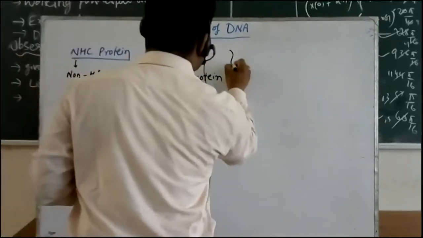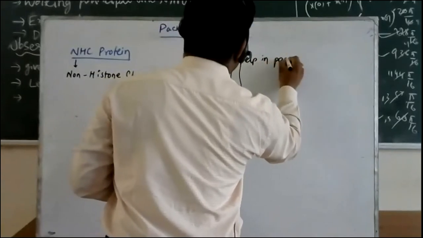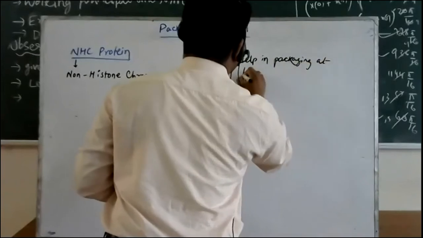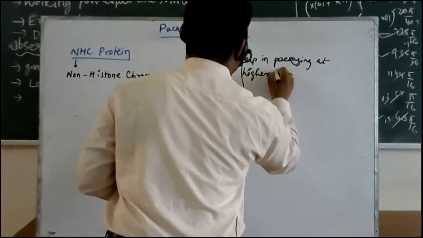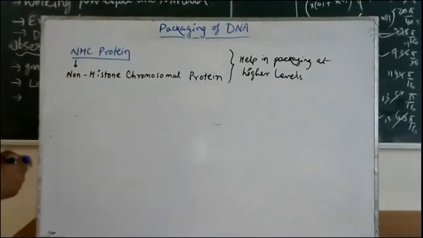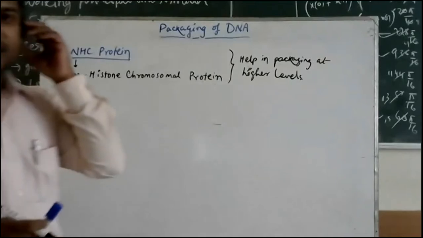Now this NHC protein helps in packaging at higher levels. So when we talk about higher levels of packaging or compaction, it is the NHC protein that is going to help in the process of compaction.